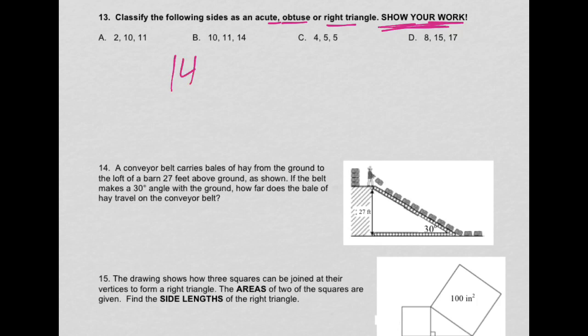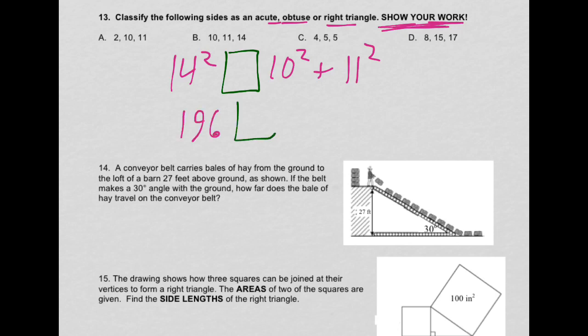So 14 squared box 10 squared plus 11 squared. So we get 196 box 100 plus 121. And 100 plus 121 is 221.